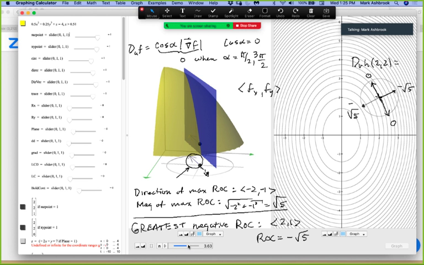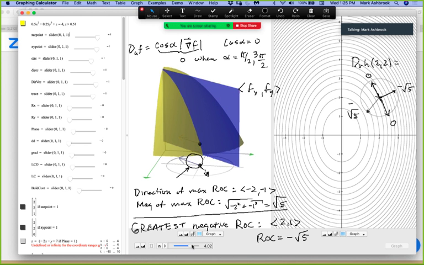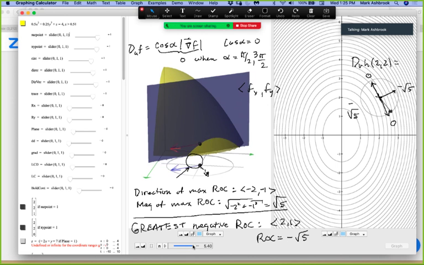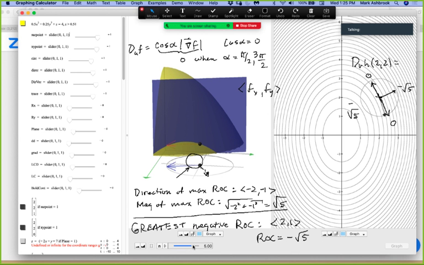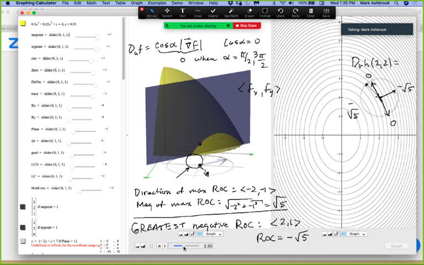there's another angle. So let's do a rate of change here in the second quadrant. Let's go back to that 5 pi over 6 example.